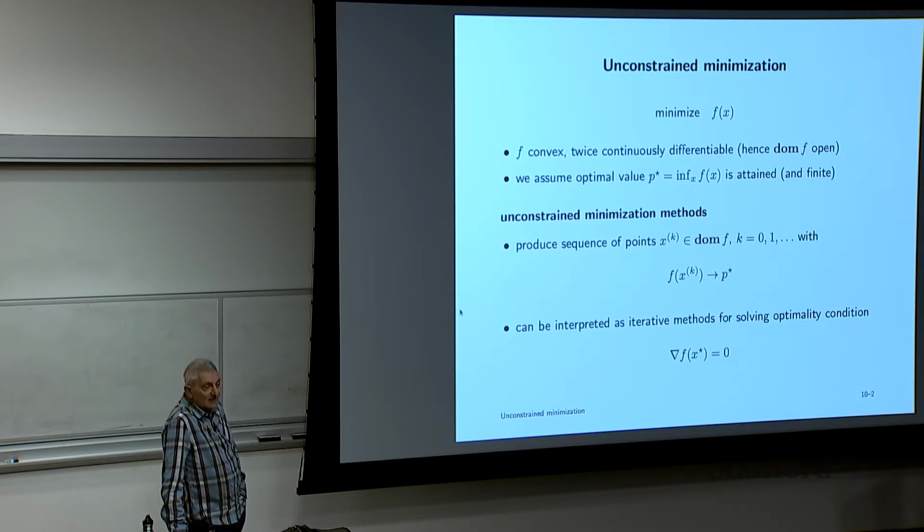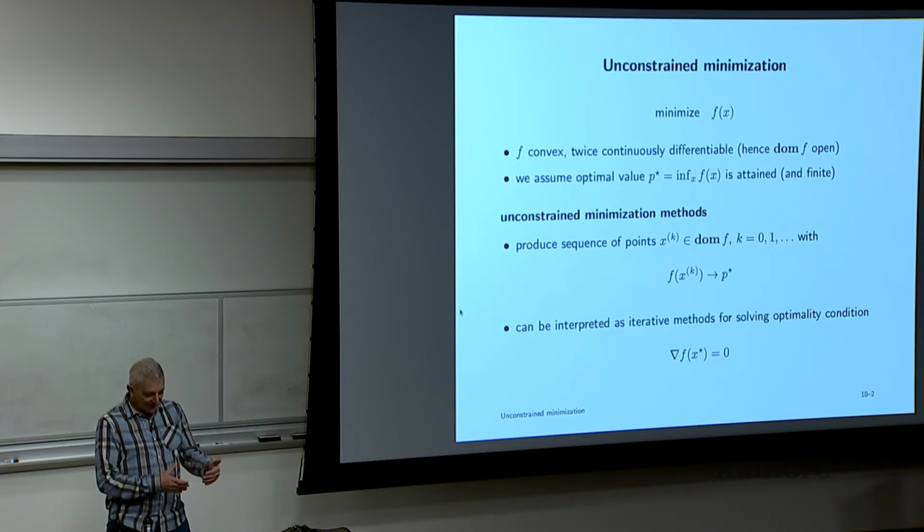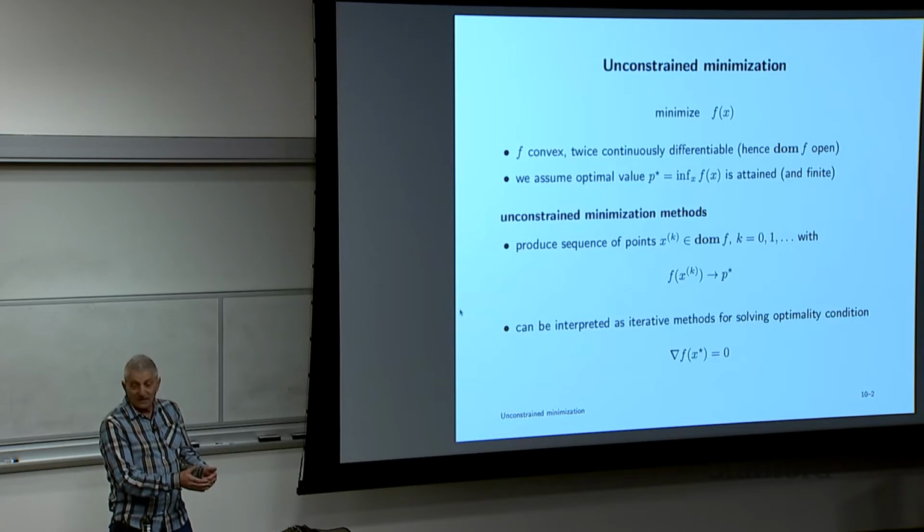In general, except for a very important set of problems we will see shortly, there are no analytical solutions to this. Instead, we're going to have iterative methods. An iterative method is going to generate an x, query something about f, and then generate a new x, and a new x.